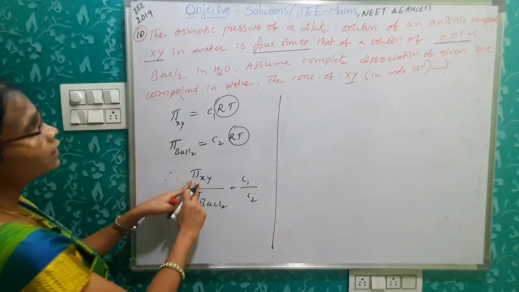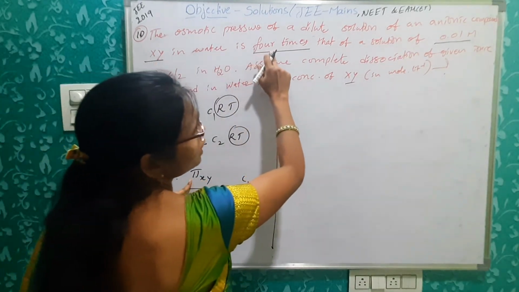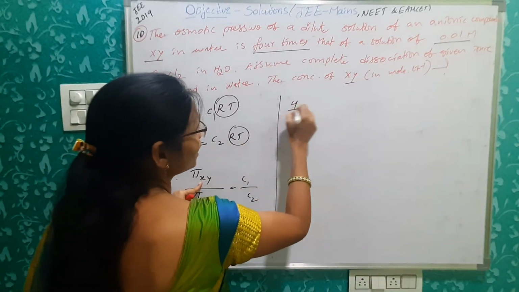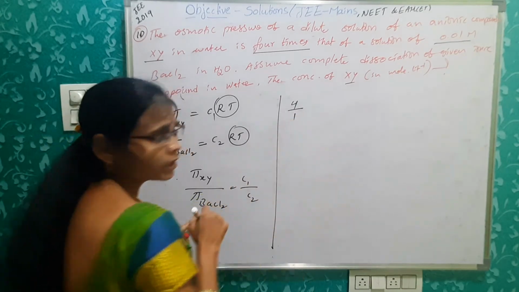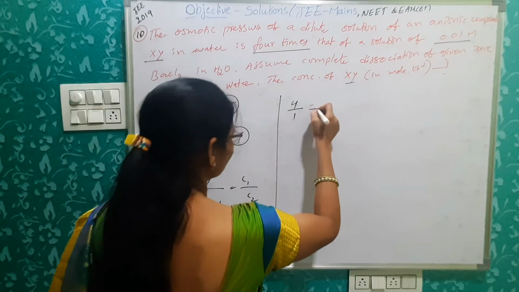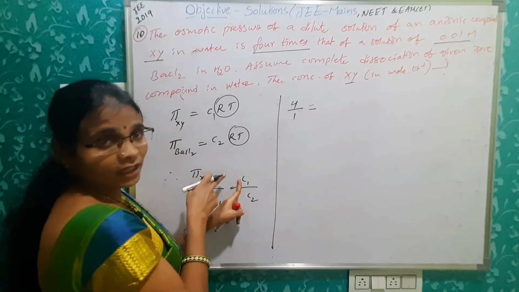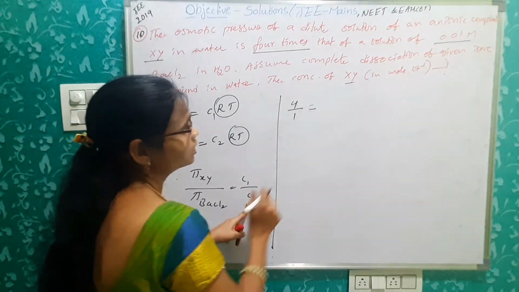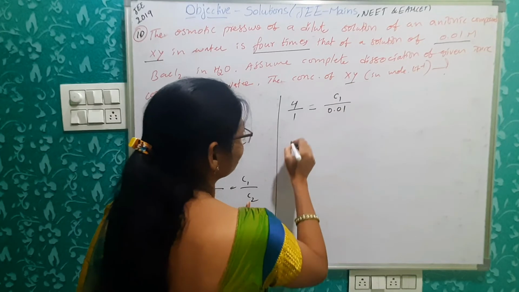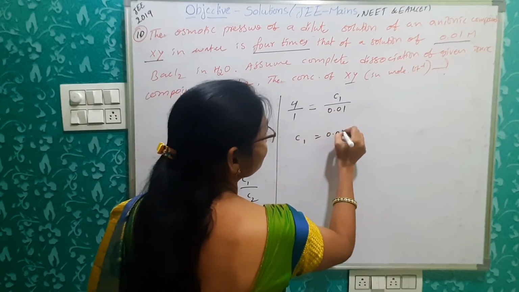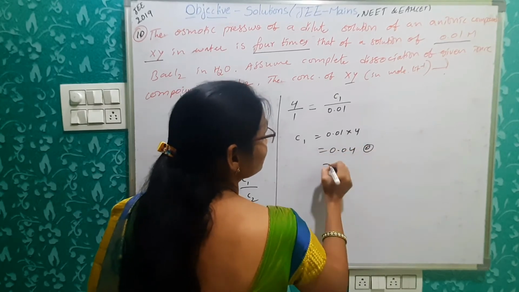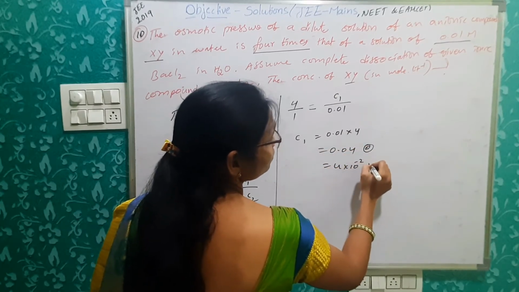The osmotic pressure of XY is how many times? 4 times that of the barium chloride solution. Then we have to calculate the concentration of the XY solution, and the barium chloride solution is given as 0.01. So what is C1? 0.01 into 4 means 0.04, or 4 into 10 power minus 2 moles per liter.